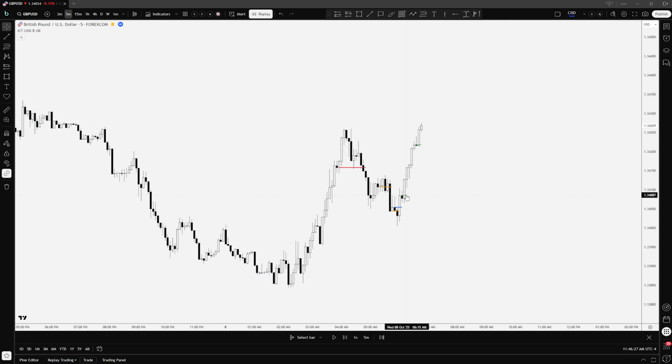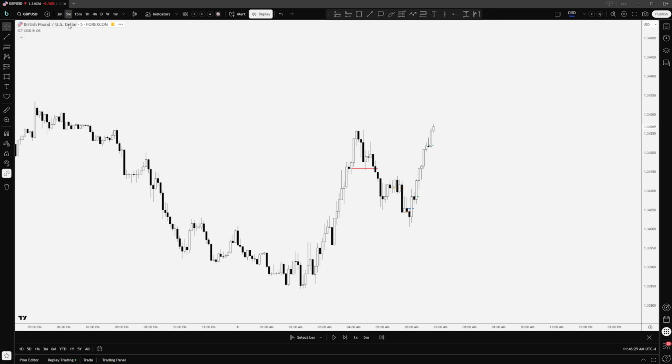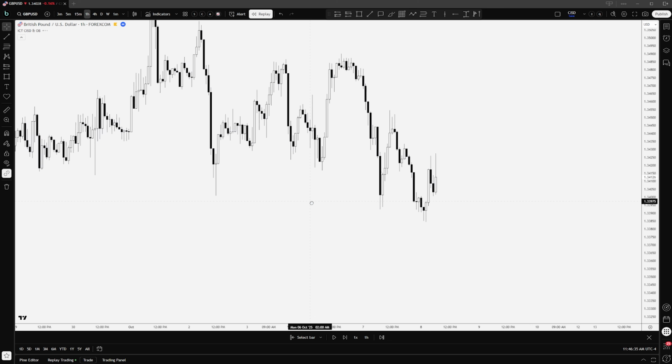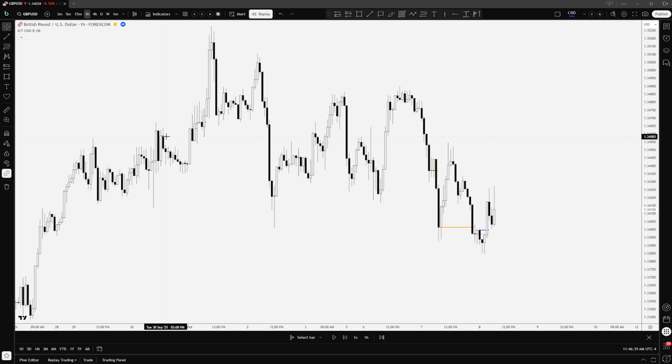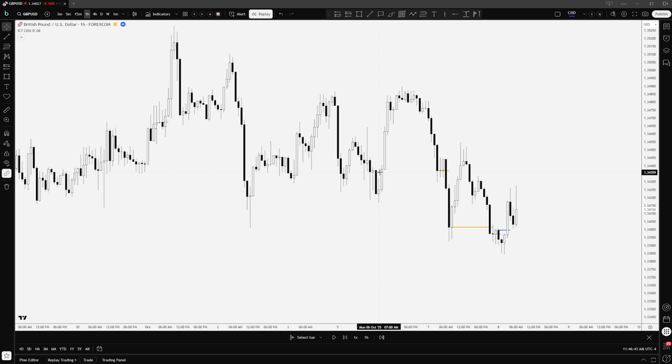That was a nice continuation here on the GU today. Anyways, I hope that made things clear for you guys on how to use the ICT CISD and order block. This makes sure that your closures are 100% mechanical. There is no window for discretion.